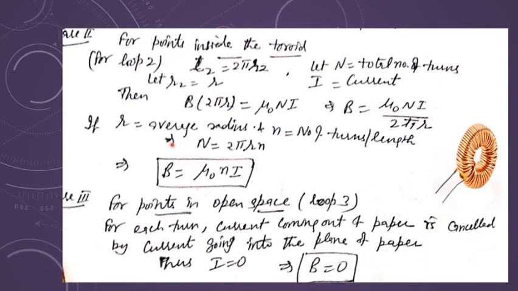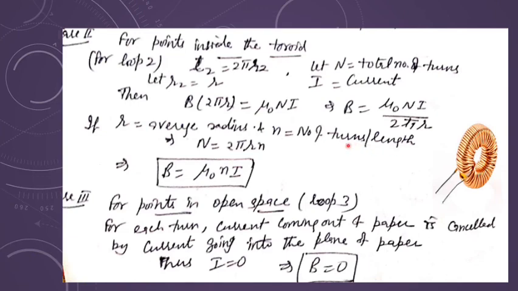Of course, if you take r as the radius and small n as the number of turns per unit length, then capital N is equal to 2 pi r n. This, children, you all must keep in your mind. Small n we always use for number of turns per unit length and capital N we use for total number of turns. But still you are supposed to mention it always, just to avoid confusion.